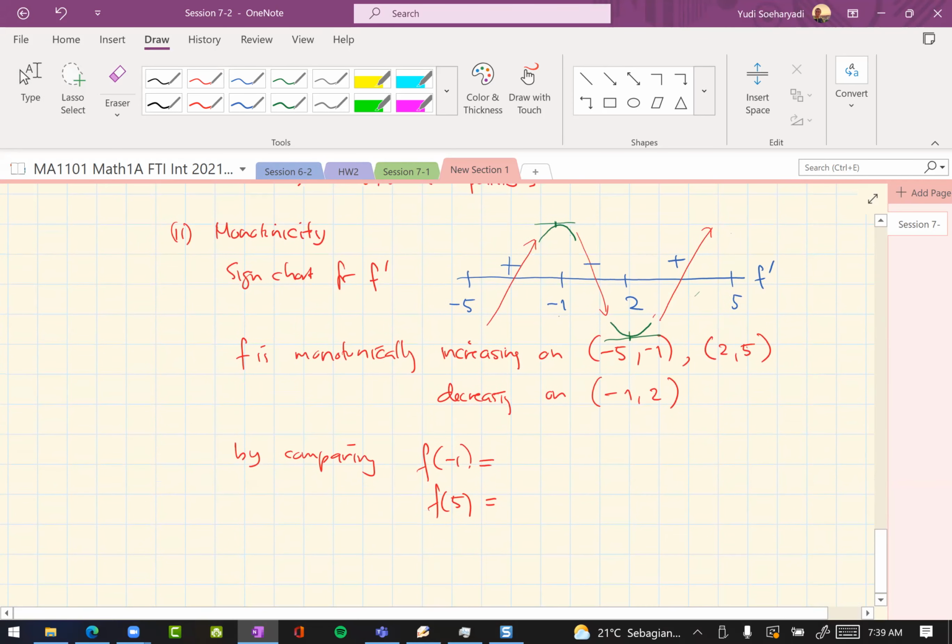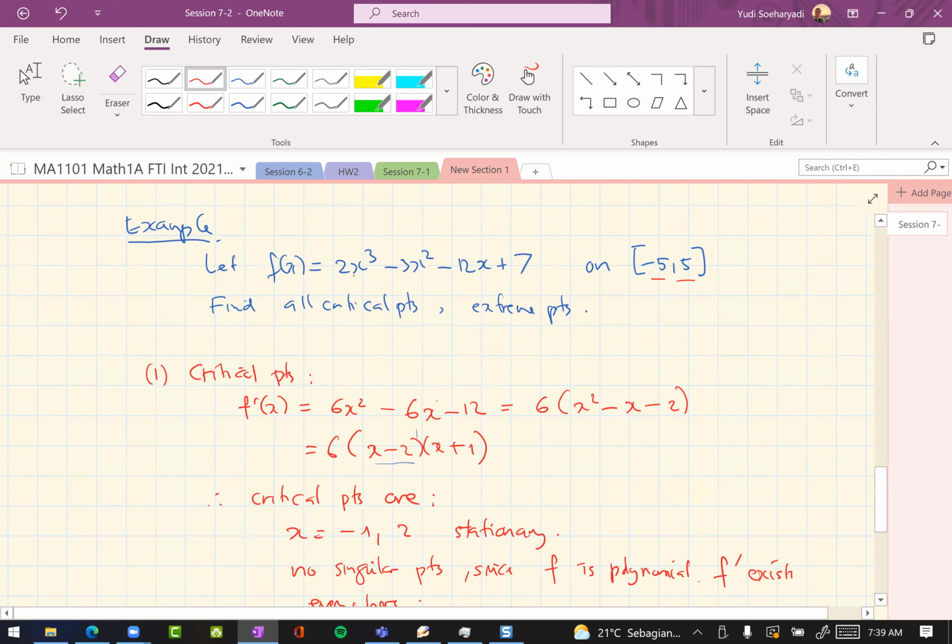What is f(-1)? Here, -1, this is 2, -1. 14? 14, right? f(5).